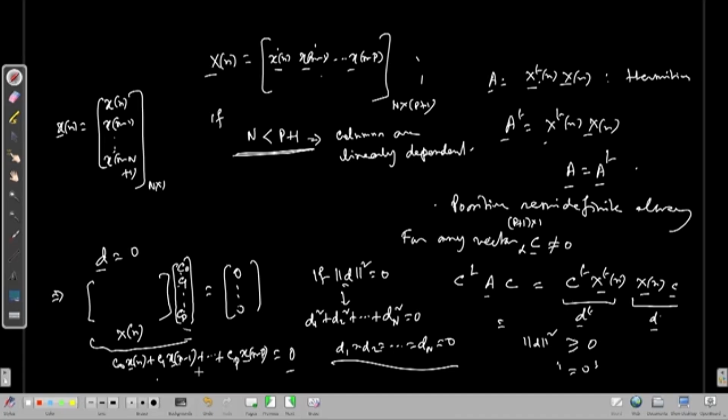Why? Because every column vector is of length capital N, so every column vector lies in a space of dimension capital N. I can have a maximum of capital N axes, which are called basis vectors, in an N dimensional space. Suppose this is one axis, this is another axis, you call it the x axis and the y axis.